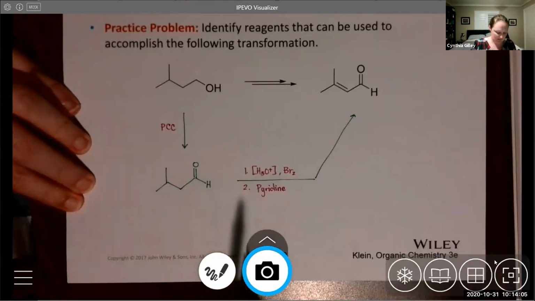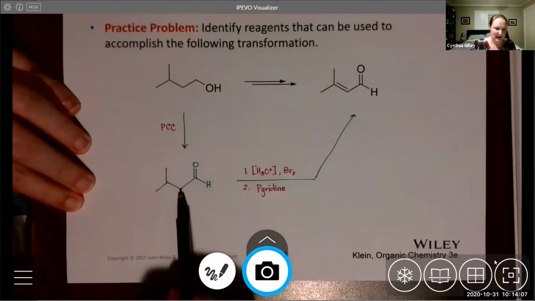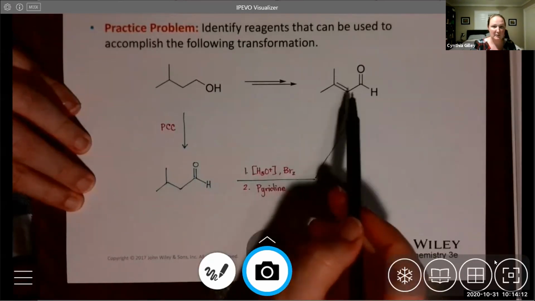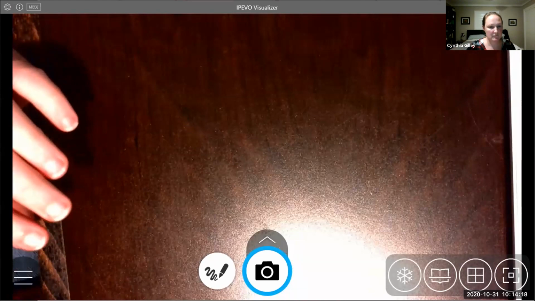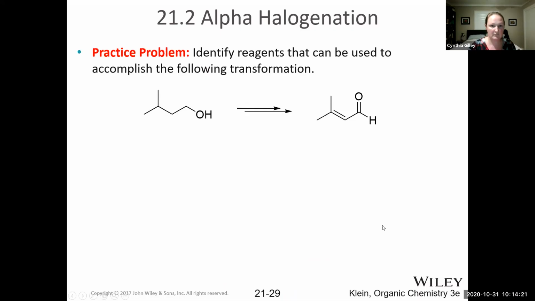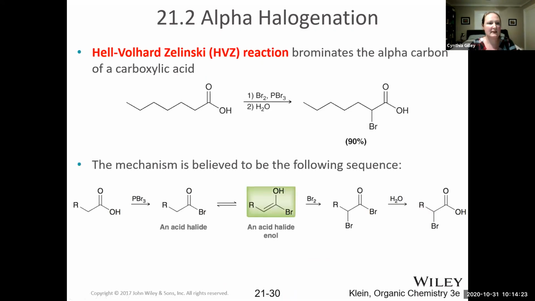And that will again place a bromine at the alpha carbon, and then an elimination will lead to the pi bond that we see here. Okay, let's move on to a named organic reaction.